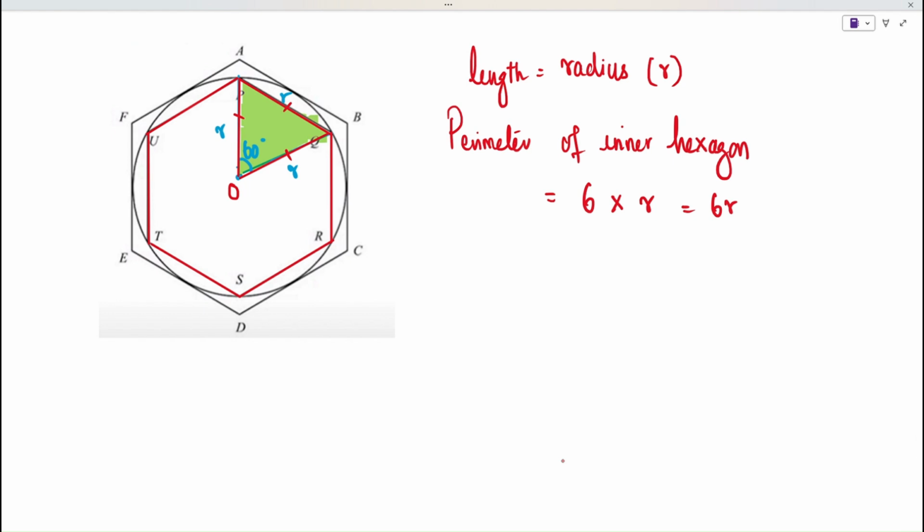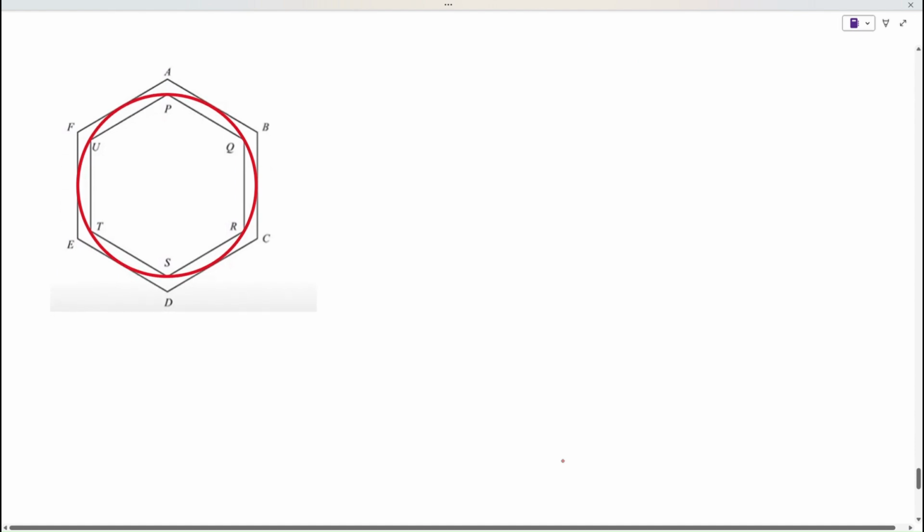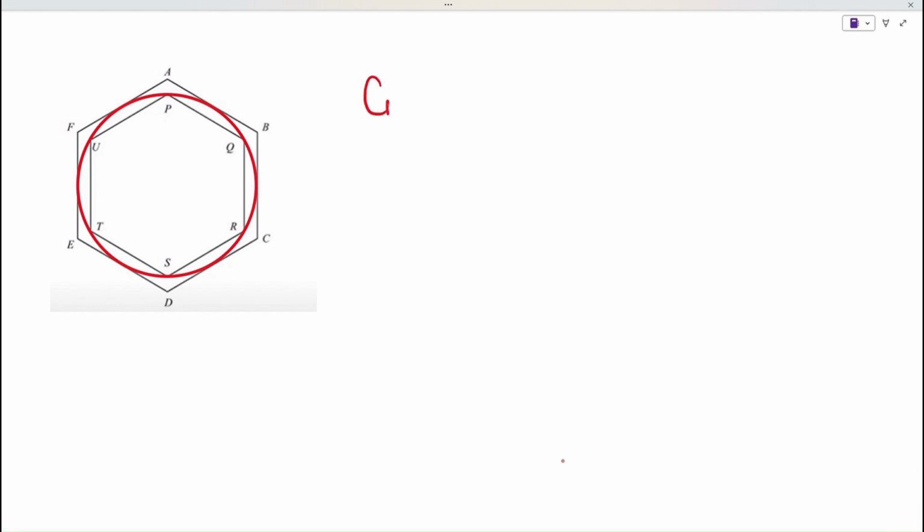Now we're going to move on to the circumference of our circle. Now this step is quite easy because we know the equation for the circumference of a circle. And this is 2 pi r, where r is our radius.